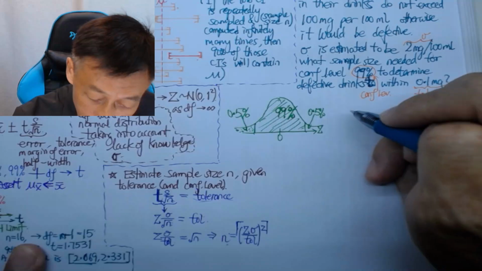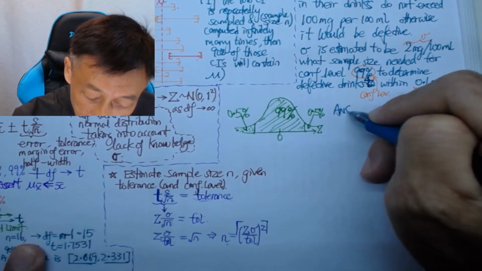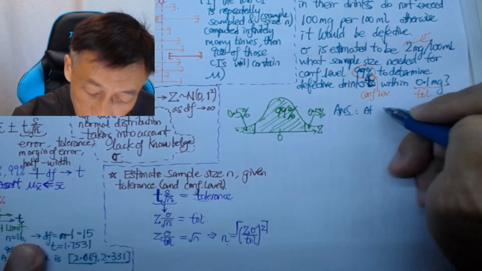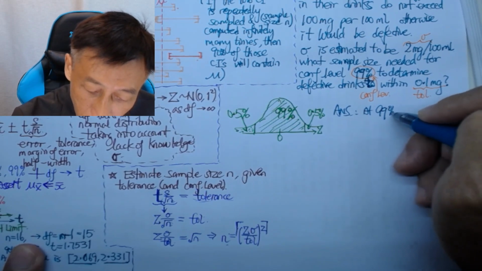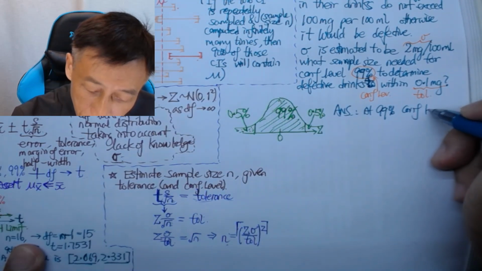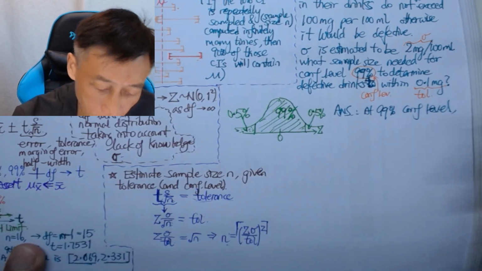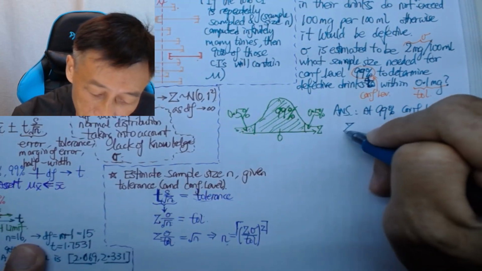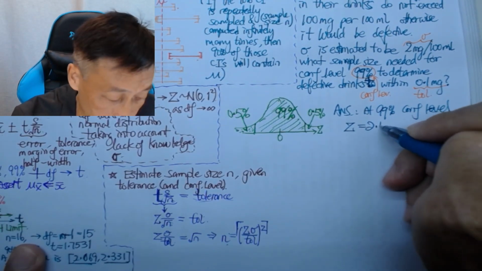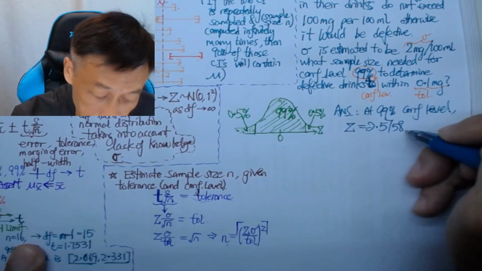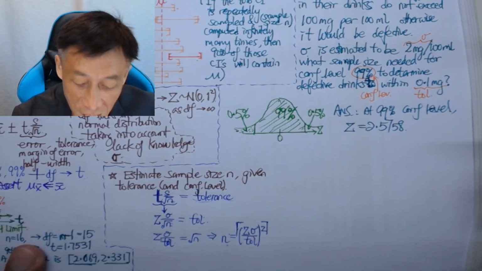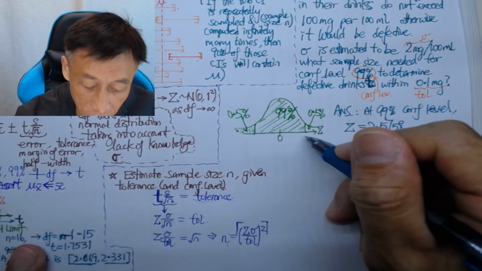So the answer is, at 99% confidence level, our Z value is found to be 2.5758. This is the key. Plus minus, but we just take the positive number.